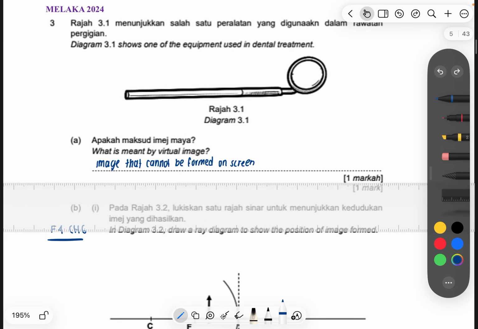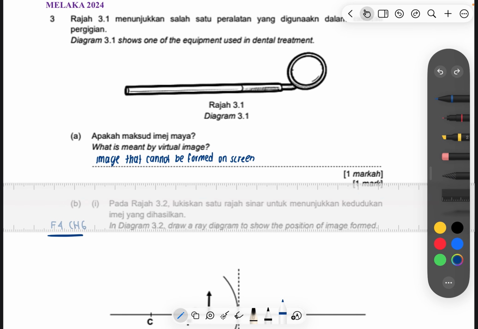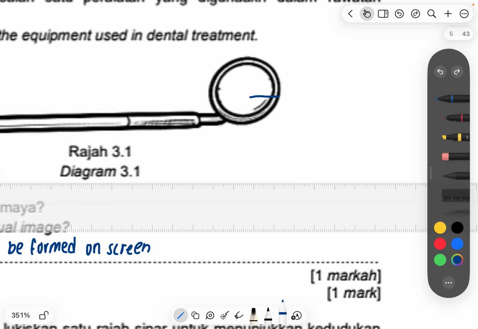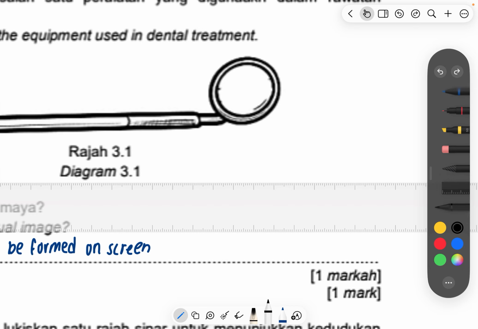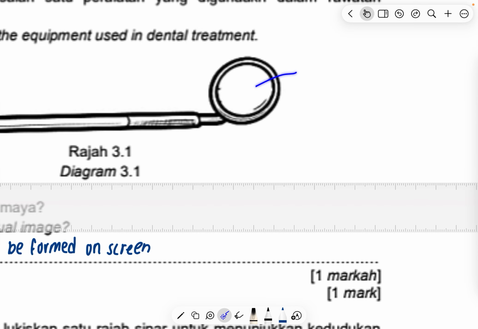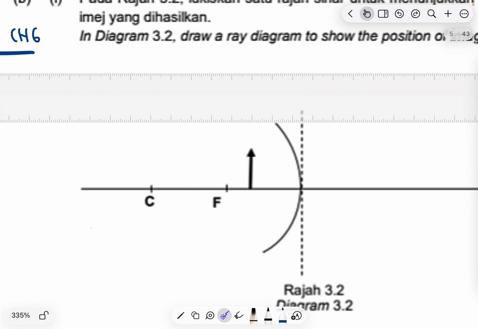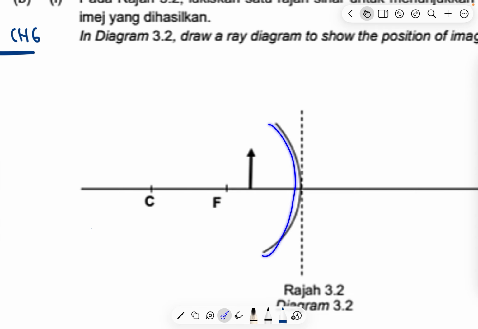But never mind. This one is under this question. So this is a mirror and this is used for concave mirror. So this means that we are drawing a concave. So this is what I mean by a pregnant lady, because this, you get it? Like, can you see? Yeah, it's a pregnant lady.